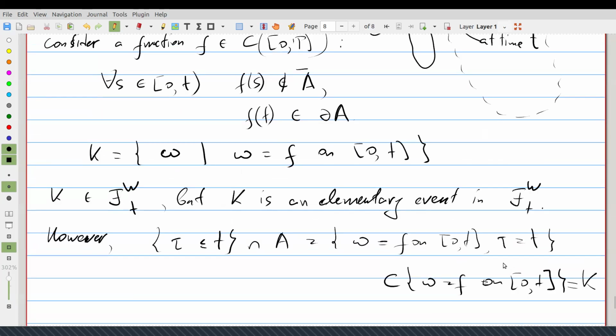Why? Because to know if the first hitting time of an open set is less than t, we need to know what happens after t, because it sits on the boundary. It can go inside of A, it can go outside of A, in the sense that it hits the boundary and then goes here, or goes here. So this is a non-trivial subset of the original K, but K cannot be divided. This means it cannot lie in this F^W_t.